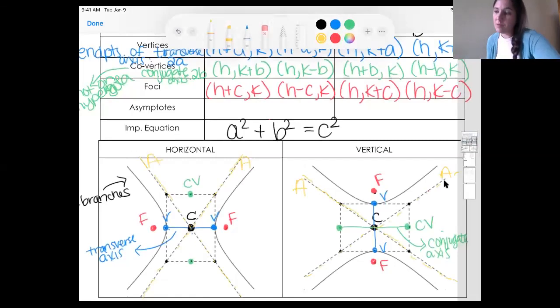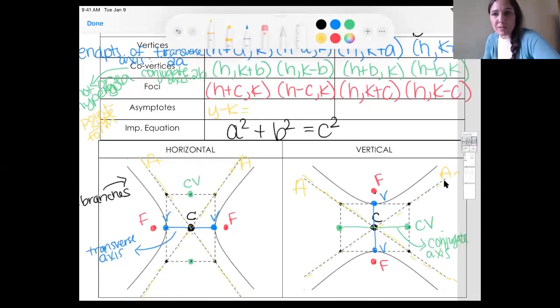All right. And our asymptotes actually have a formula that we can use. It's really nice. If you all remember, this is point slope form. And actually, this is the formula I do find extremely, extremely helpful. So our asymptotes for a horizontal are y minus k equals.